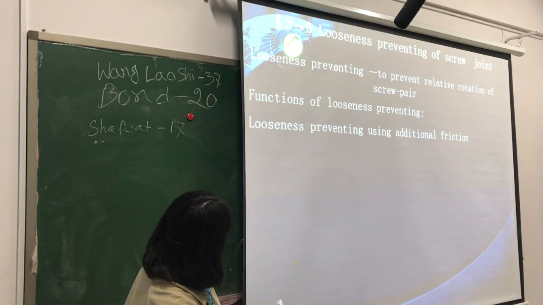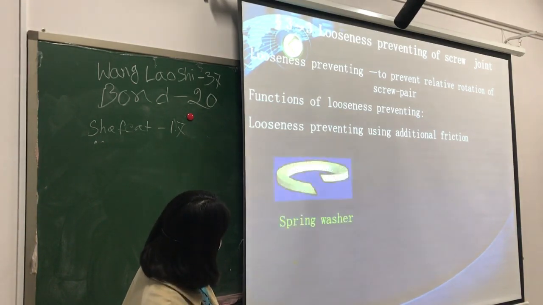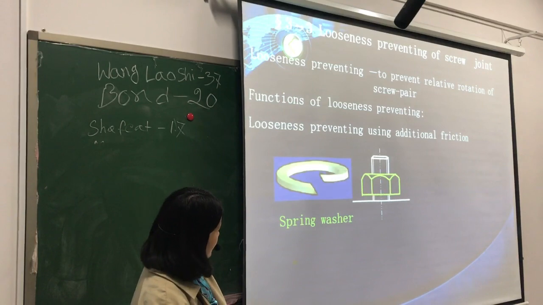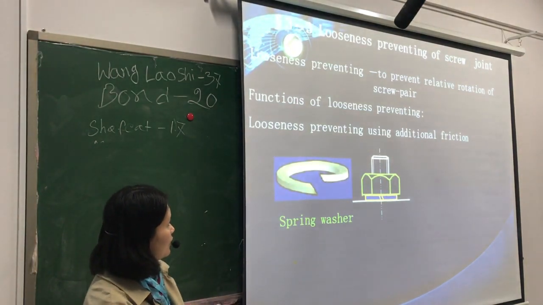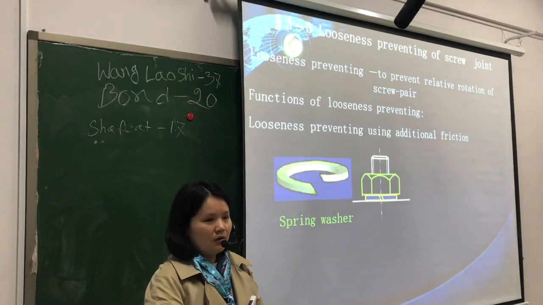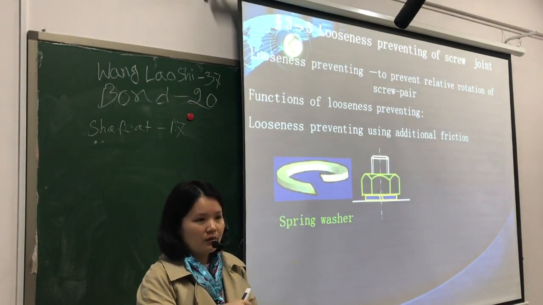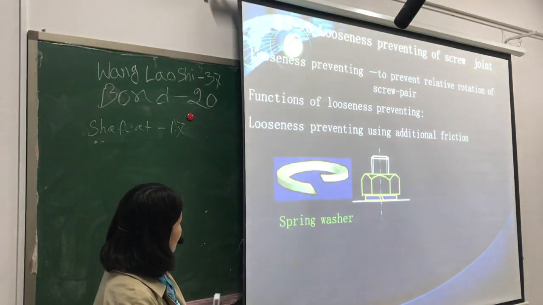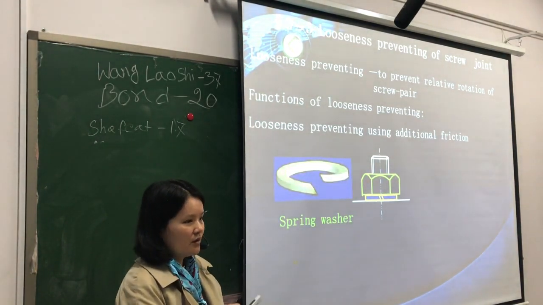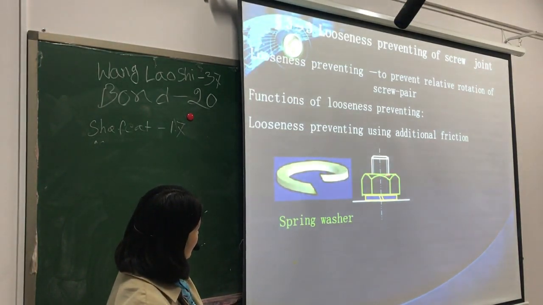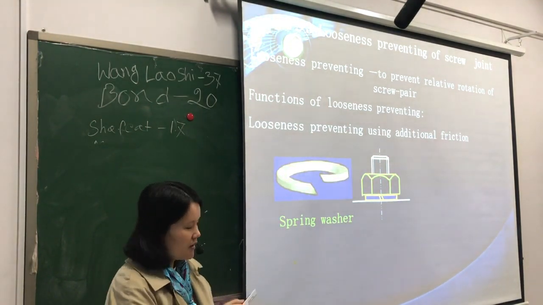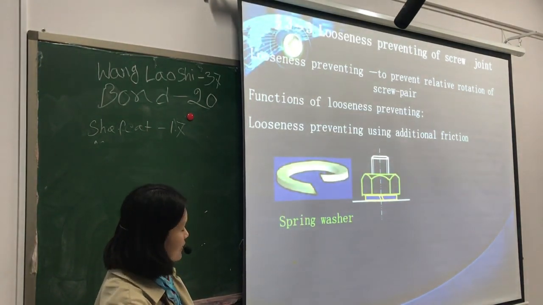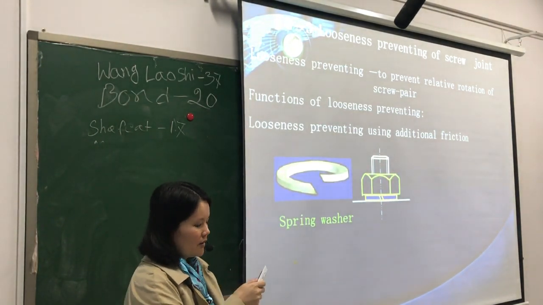This is the loosening of pretension. The connected members are tightened with preload, but they will lose the preload gradually under wear or vibration, and so the nut will twist back and the connected members will separate.